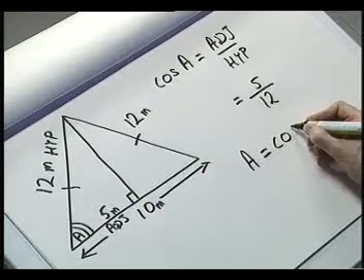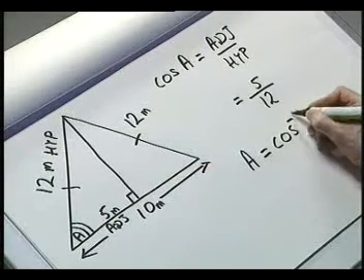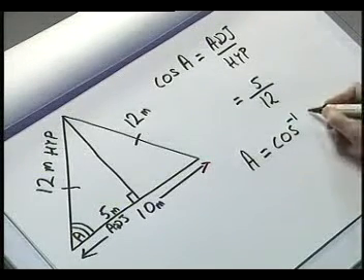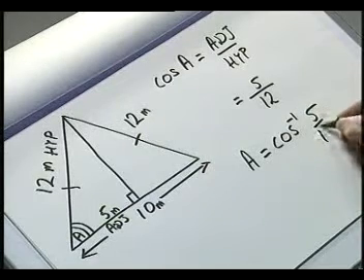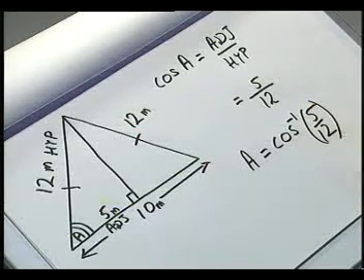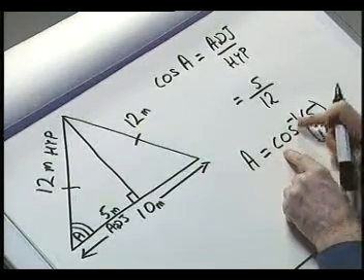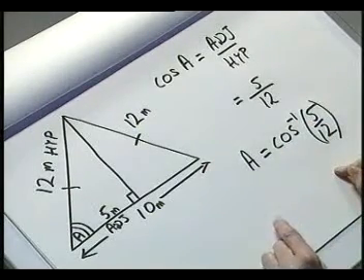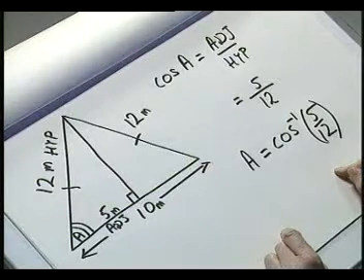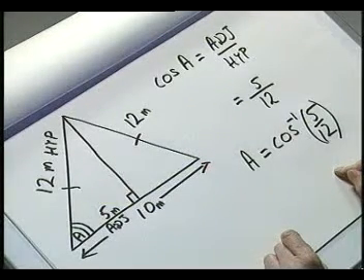I've got a problem about how I might write that down. And to do it, I write it like this. Cos to the minus 1 of 5 over 12. And what that bit there, this cos to the minus 1, says is the angle whose cosine is.